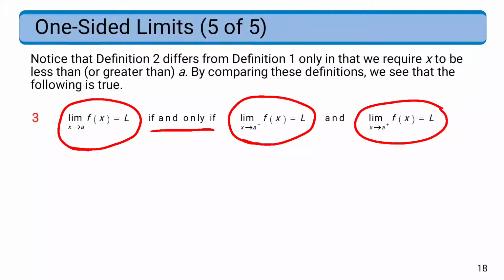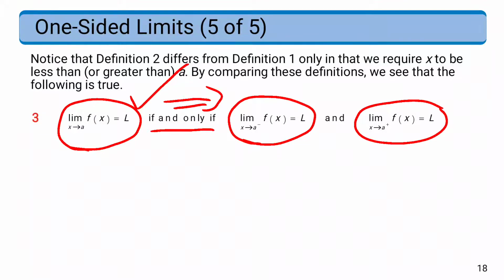So the if and only if part here, we'll use it most of the time. If we say if and only if, we mean if this statement is true, it implies the other statement. That means it will imply that the side limits exist.